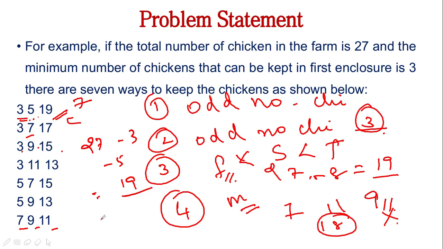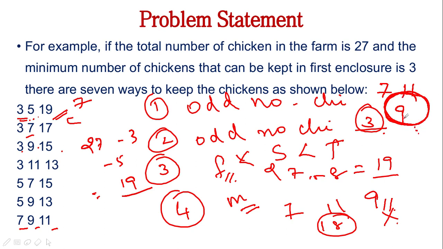But when you look at the next values, 7 and then 11, when I subtract this I will get 9. I should not include 9 in my answer. I should stop when I face this, or anyway I should not include this answer. Why? Because 9 is not greater than 11.